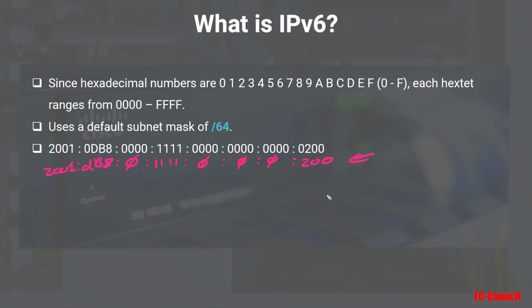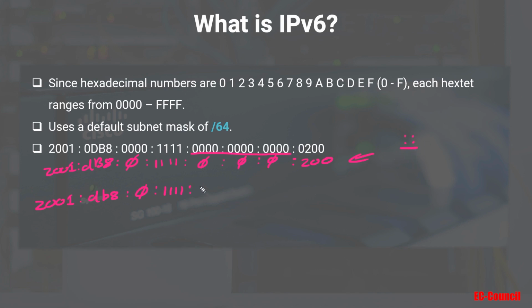But we can write this even shorter. So let's write this address in an even shorter version. Notice here that these values are a continuous stream of zeros. Once there are 2 or more hextets filled with zeros, we can use a double colon only once to represent this value.